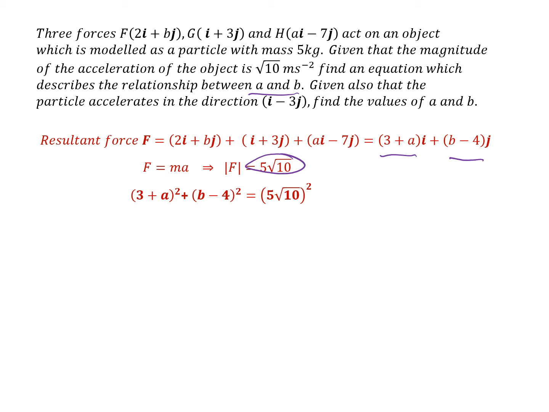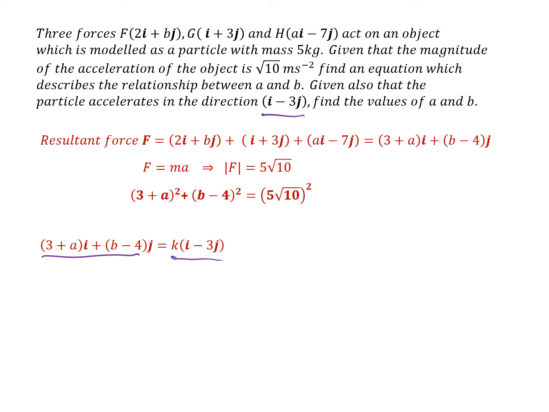Now I've got to use the fact that the particle accelerates in this direction to find a and b. So how do I do that? Well, if the particle accelerates in this direction, then the force must be some multiple of i minus 3j.